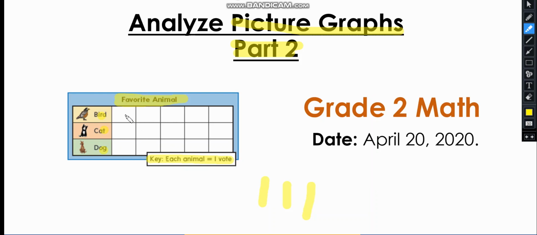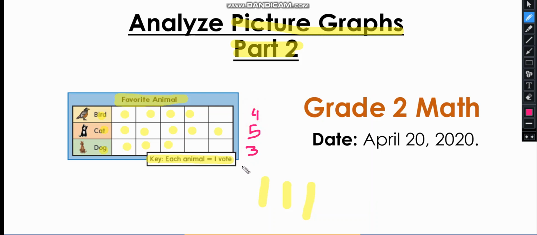For example, bird, here I have 1, 2, 3, 4. And cat, 1, 2, 3, 4, 5. Dog, 1, 2, 3. Which one is the most? I told you yesterday what I mean by most, the more. Yeah, here, more. So let's see. This is 4, 5, and 3.